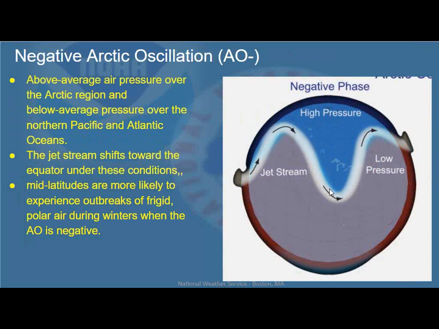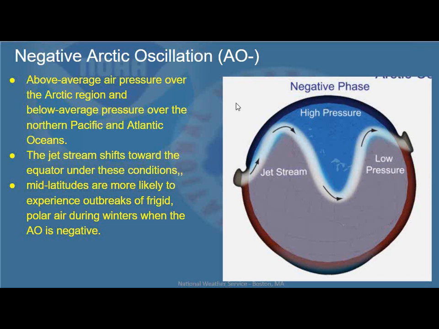Some of you may remember the severe Arctic outbreak over the central part of the U.S. just a few weeks ago. The AO was deeply negative, and snow and cold came all the way south towards southern Texas and even into Mexico because of this development. That's because the jet stream came so far to the south.